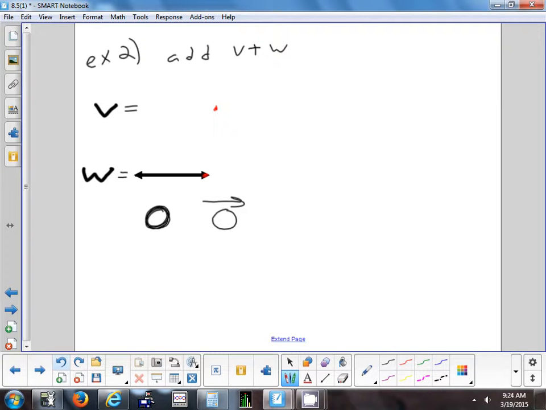It's called the 0 vector. And that's also explained on page 335. So you combine two vectors that have the same magnitude but opposite directions, you get a new vector called the 0 vector.